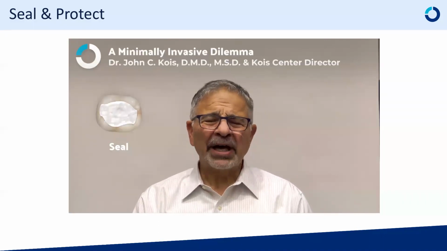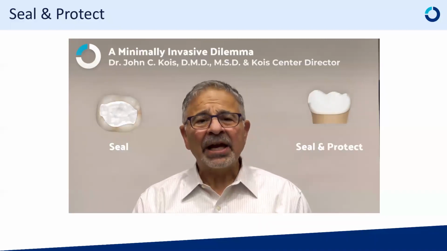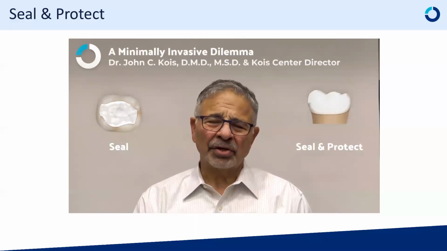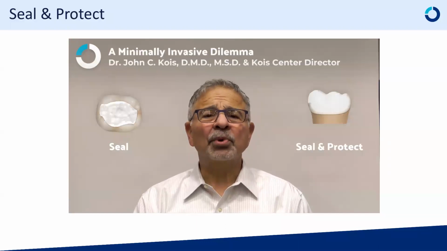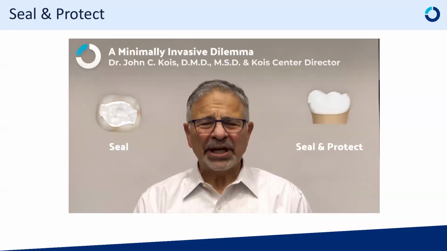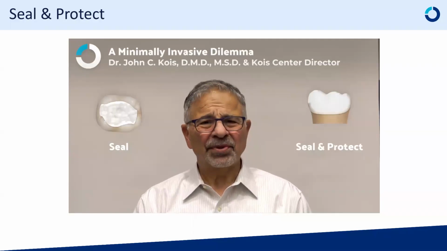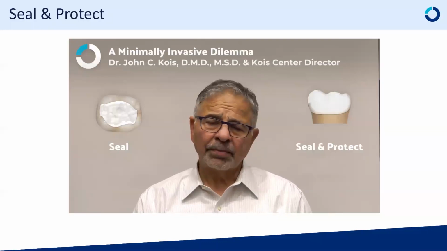So, Mr. Jones, we have another type of restoration that both seals and protects the tooth. That requires an indirect restoration made by a laboratory. In fact, we make that one out of porcelain. My recommendation for you is that type of restoration, to both seal and protect. And that's what I would do for my own mouth or for any other person.